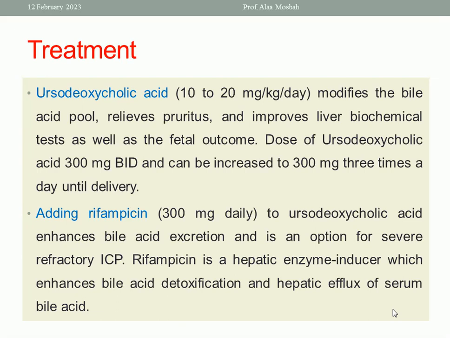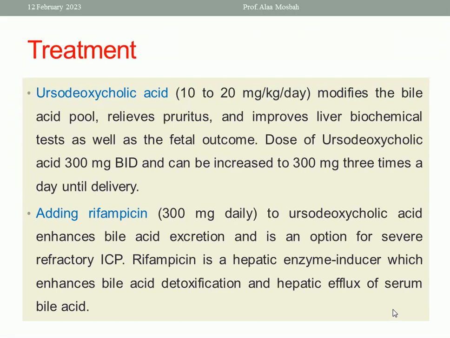Rifampicin is a hepatic enzyme inducer, which enhances bile acid detoxification and hepatic efflux of serum bile acid. That's why it decreases bile acids and decreases the severity of cholestasis.